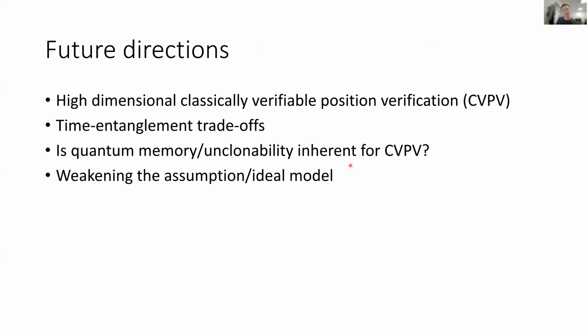So it would be interesting if we could construct a classically verifiable position verification without the honest prover having any quantum memory. Finally, it will also be interesting to weaken the assumption, or to get unbounded entanglement security without proving the security in an ideal model.